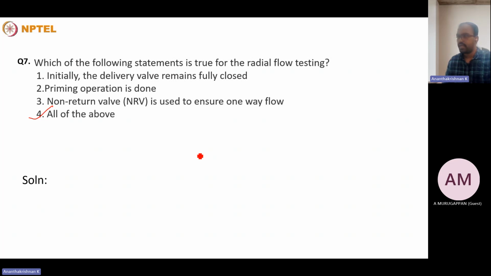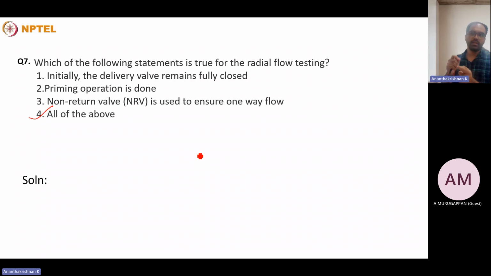First of all, the delivery valve will be fully closed, and then priming operation is done to flush out any vapor which is present in between the impeller, and then a non-return valve is used to ensure that once the impeller stops, the fluid which is already present in the delivery head will not come back and force the impeller in the opposite direction.